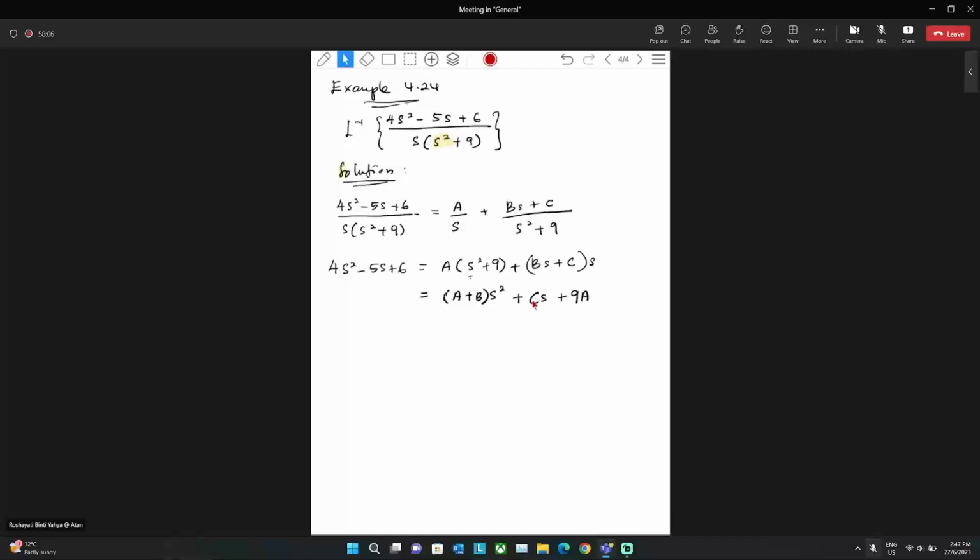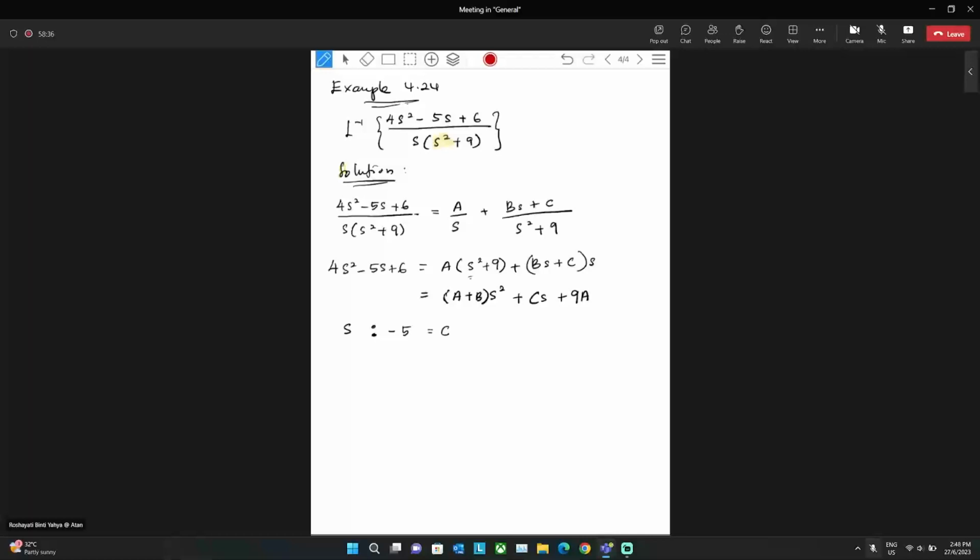So C, and then look at your left hand side, you have negative 5s. So you can get the direct value here for s. On your left hand side, negative 5 equal to your right hand side, which is C. So your C equal to negative 5.